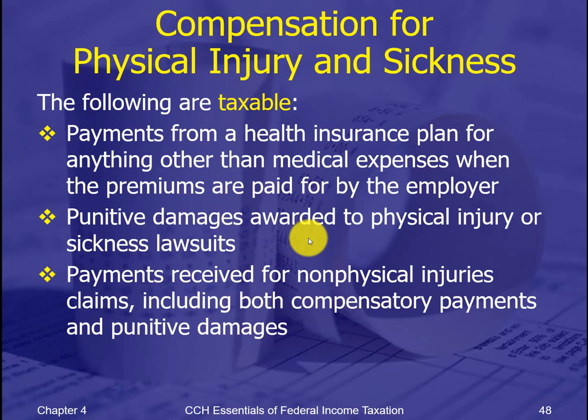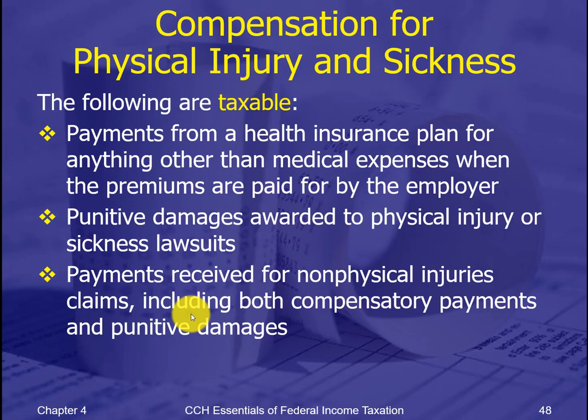Non-physical injuries such as discrimination or something like that are taxable awards because they're non-physical. The only part that could be excluded is, let's say you got discriminated against and then you went and saw a counselor and actually received counseling because you had depression based on the discrimination.